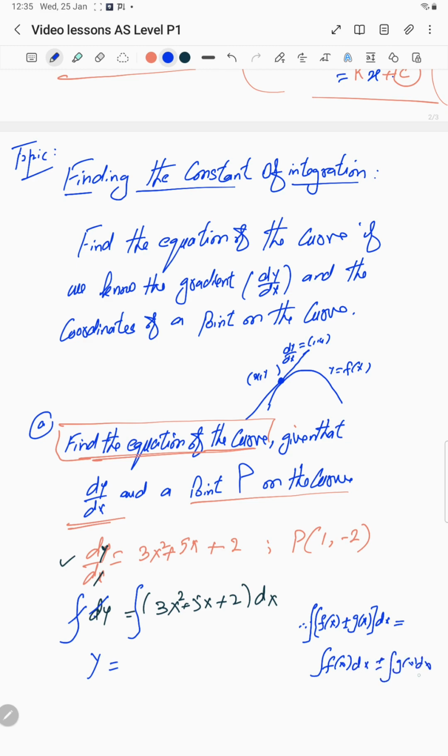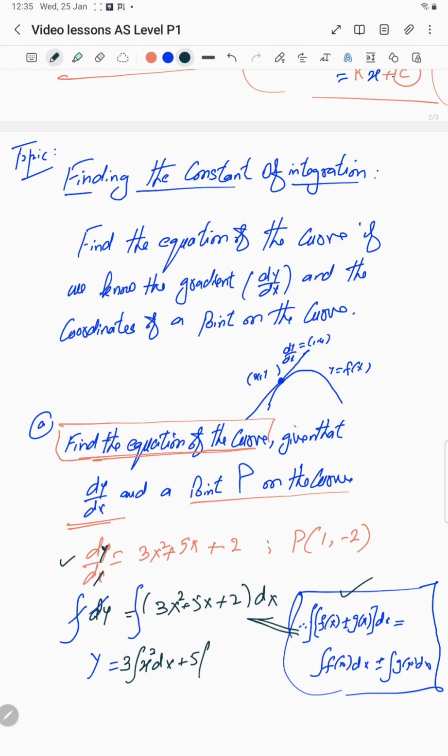This rule we already discussed in our first video. So by applying this rule, we get the integral of 3x squared dx plus 5 times the integral of x dx, and as 2 is a pure constant, it will be taken out and only dx will be left.